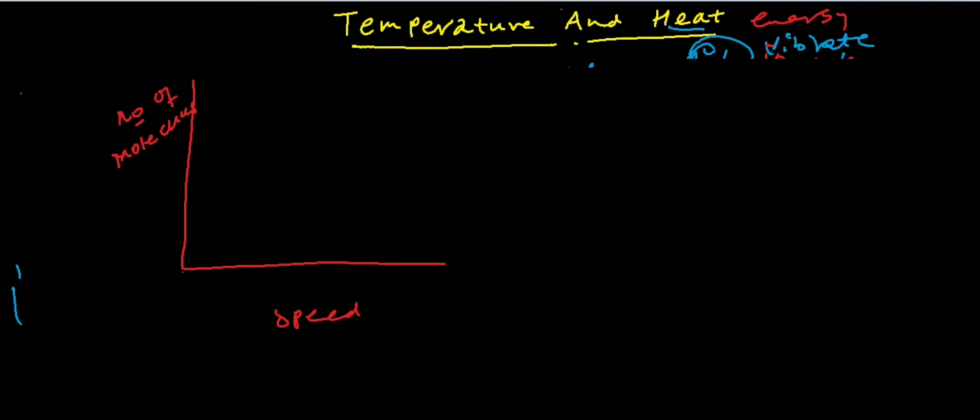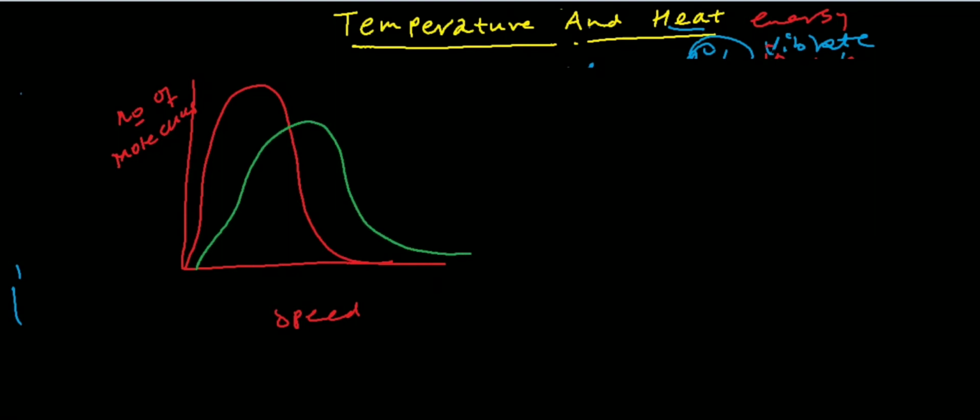Let's draw the different curves like this. Let's say this is 0 degrees Celsius, this is 100 degrees Celsius, and this is 2000 degrees Celsius. That means they are at different temperatures.